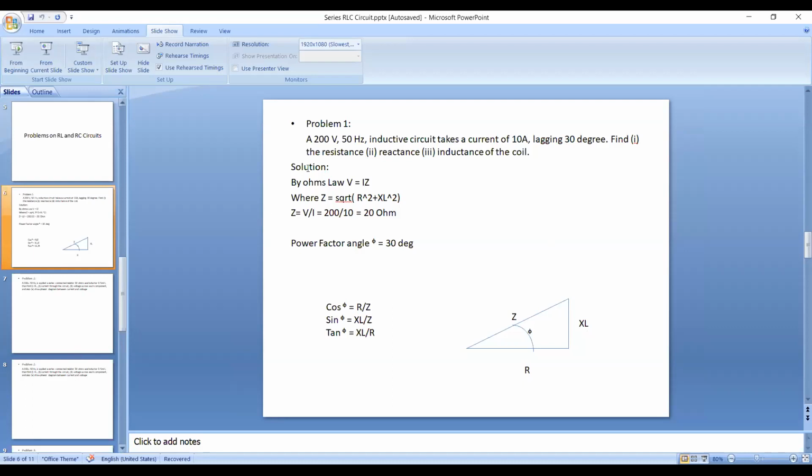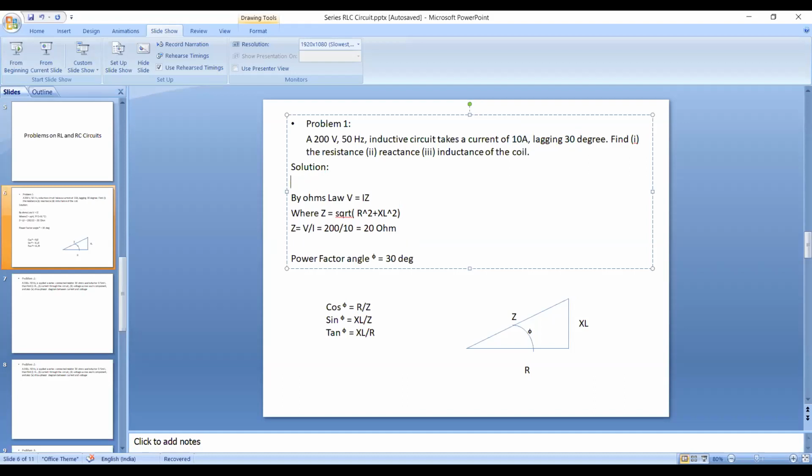If you look at the given data, you have been given the voltage, which is 200 volts, and also the current, 10 amperes, and the phase angle, 30 degrees.